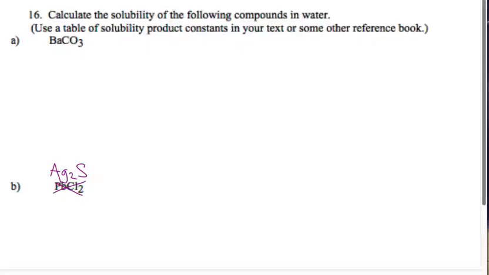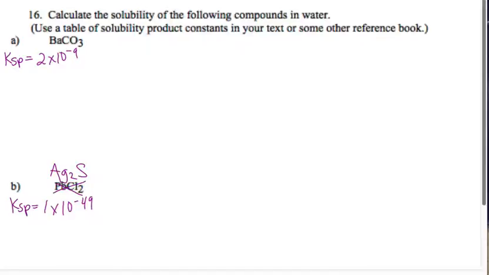So to do these, I'm going to need Ks. Can someone tell me what the KSP for barium carbonate is from the previous page? All right. And then the KSP of silver sulfide? 1 times 10 to the negative 49. Okay.